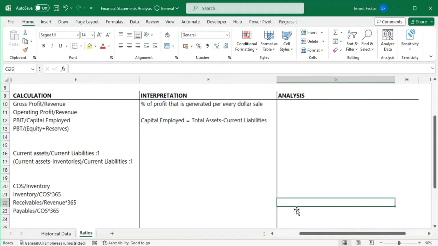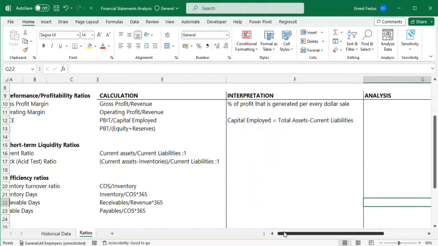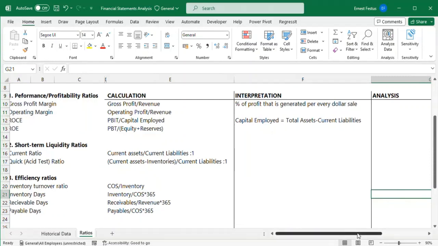So that is another risk associated with low movement of inventory, or high inventory days.